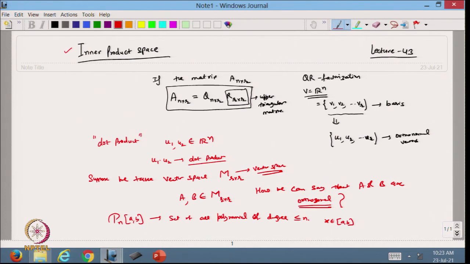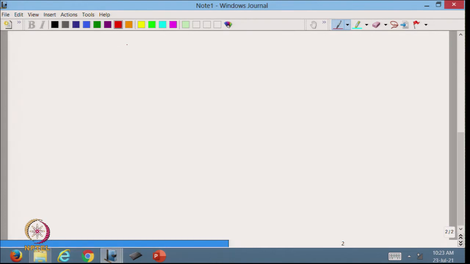In this case also, suppose I have polynomials p and q belonging to P n, then how can we claim that p and q are orthogonal?